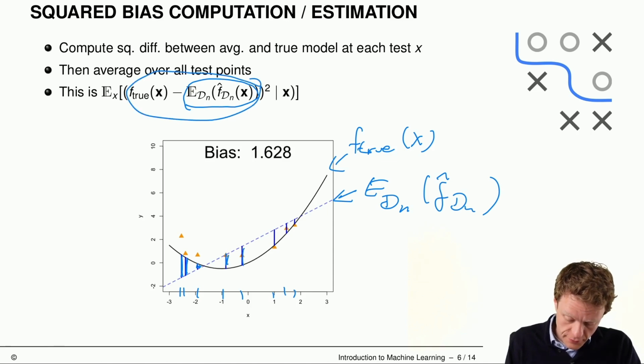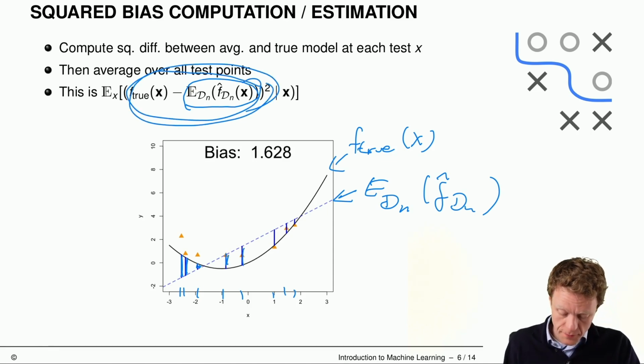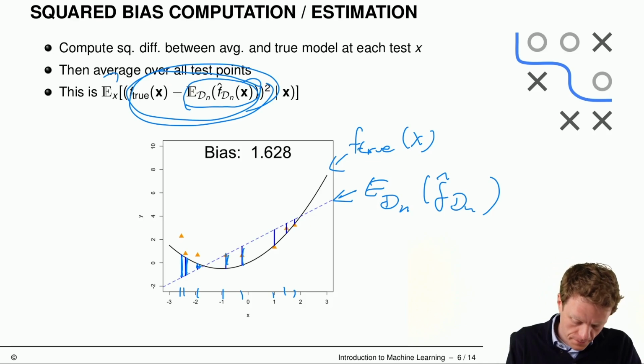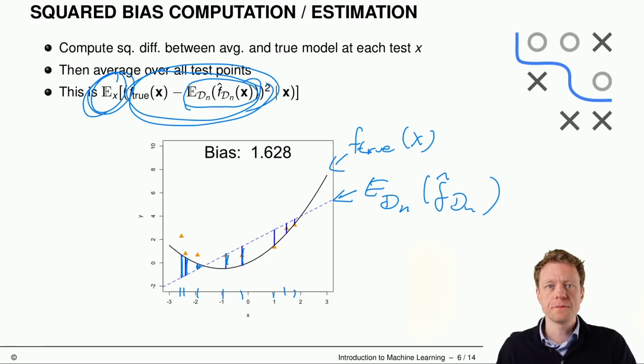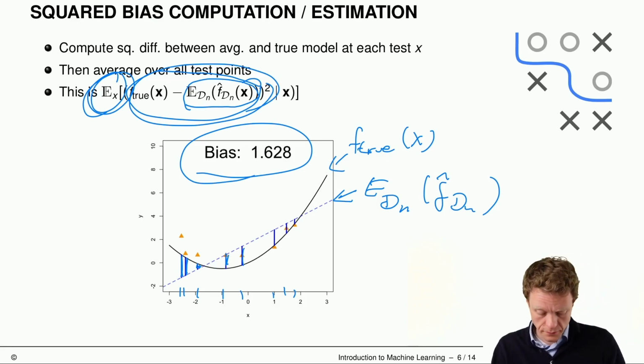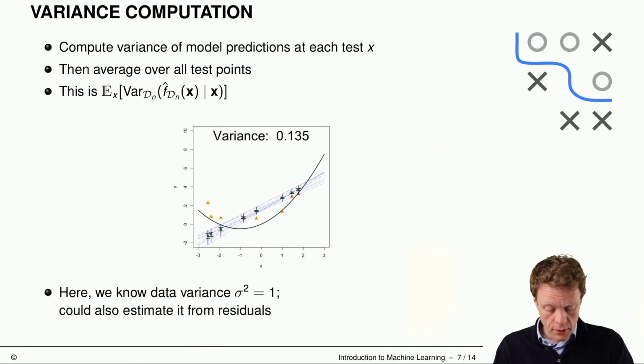That's this difference. Then we square it, of course. And then we take the average over these squared differences, and that's then an estimation for this expected value. And here it turns out the bias seems to be something like 1.628.